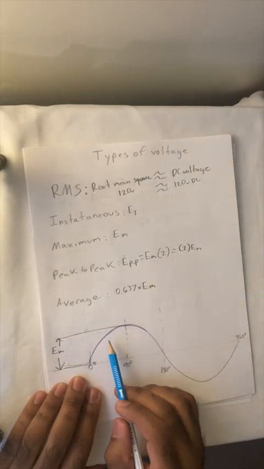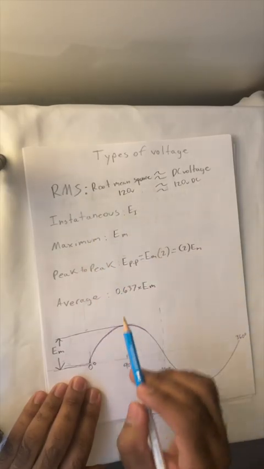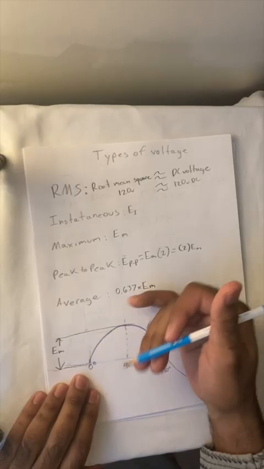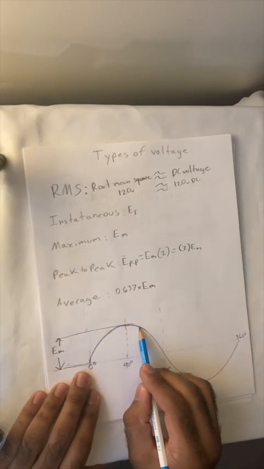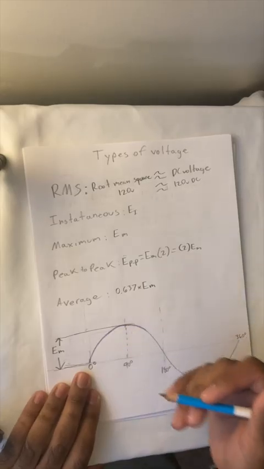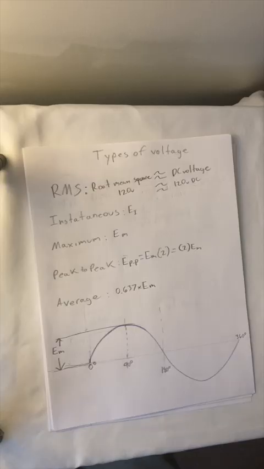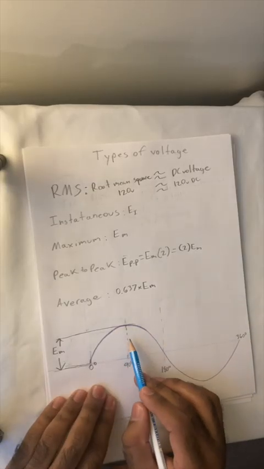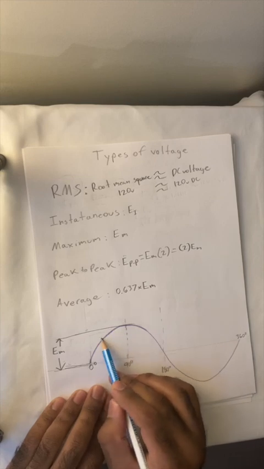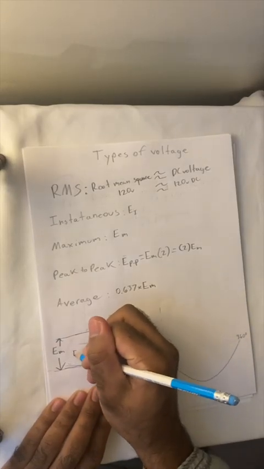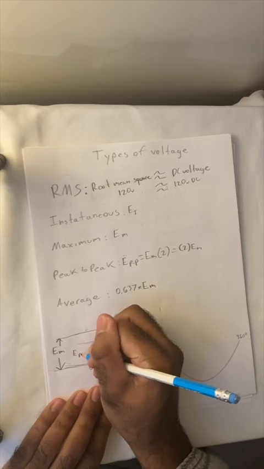So the RMS, starting up here, we have our Emax from here to here, so it's the full amplitude. The RMS is going to be less than the amplitude. For instance, if the Emax was 170 volts approximately, the RMS value would be 120. This is not to scale, but just say for instance that this will be the E RMS.